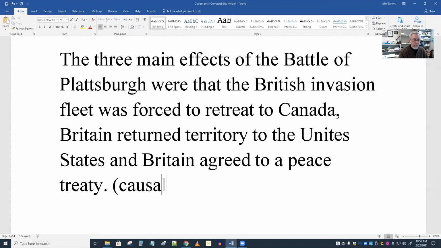You could say it's a cause and effect, all right? But that's not really part of our SPS. Concept, object, process, event. It's an event. The event is the battle, right? So it's an event. And then we have these were the causes, the things that were caused by this event, right? So I would say it is causal.